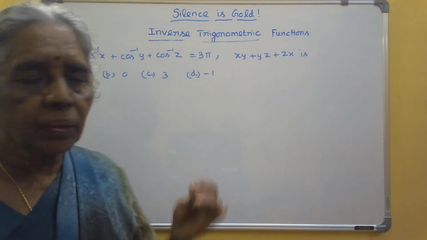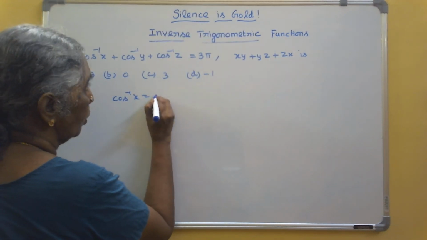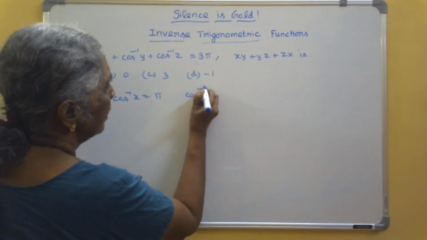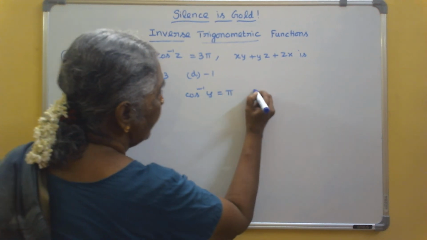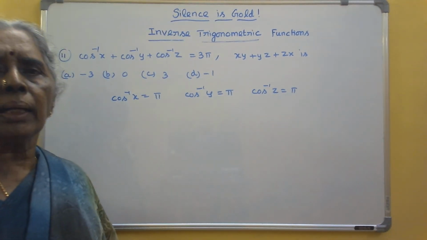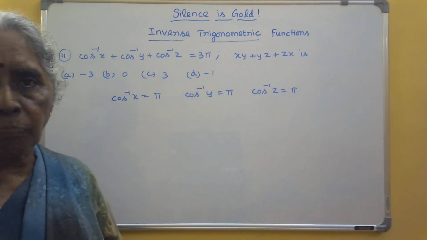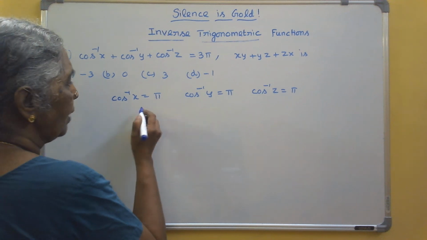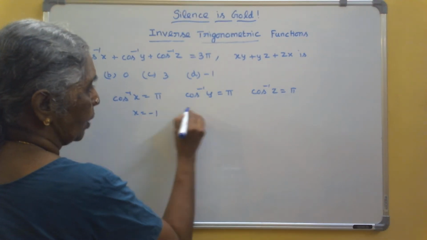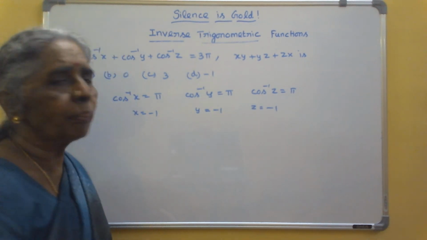Is it clear? So, you should have now cos inverse x is equal to pi, cos inverse y is equal to pi and cos inverse z is equal to pi. This is the only option available to make the sum equal to 3 pi. So, naturally x will be cos pi, that is equal to minus 1. y will be cos pi, minus 1, z is also minus 1.